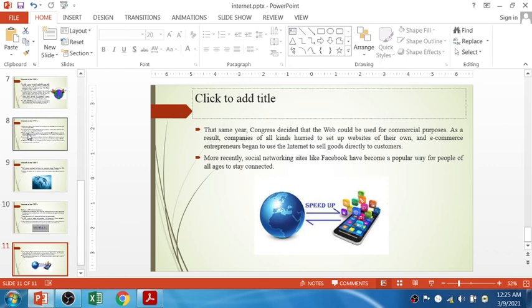And nowadays, for e-commerce, people are likely to use mobile applications. Through our mobile, we can purchase the products and services that we want. So websites and applications have become much more popular in recent years in the e-commerce sector.